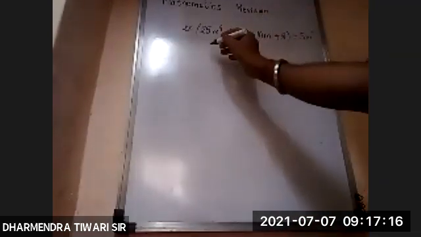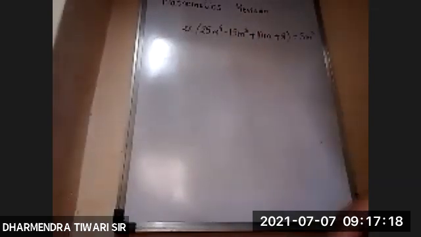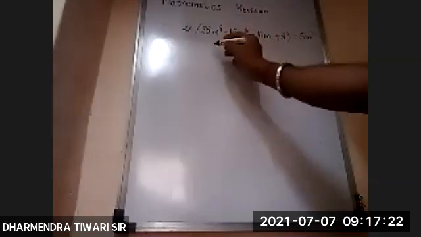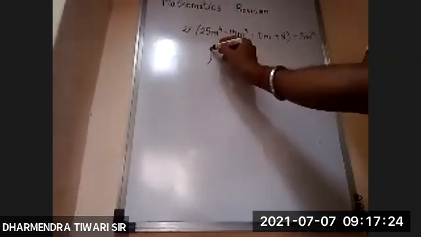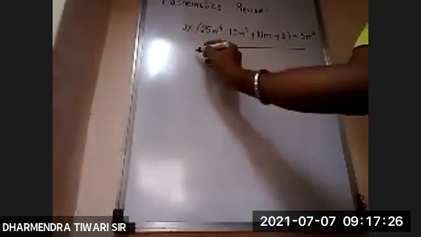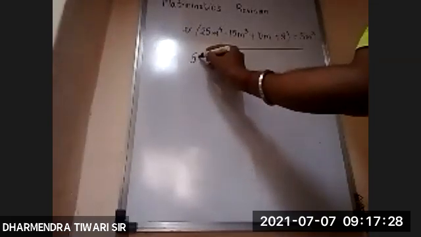So we are having a lengthy dividend this time. We are having 5m cube as a divisor.